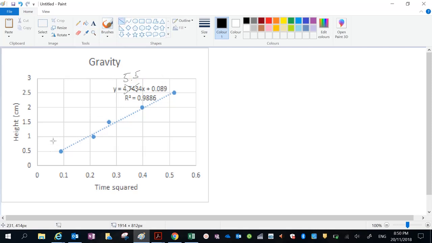Then you'd know your gradient's supposed to be smaller. So again, this point, maybe it's lower down, or just more to the right to match that line, or maybe this point is further up or more to the left to match that line.